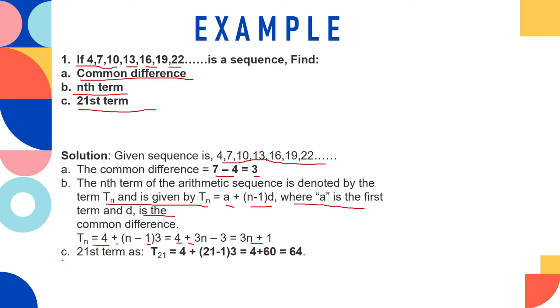So the solution of C, the 21st term: T21 equals 4 plus (21 minus 1) times 3, equals 4 plus 60, equals 64. Yes, this is the solution.